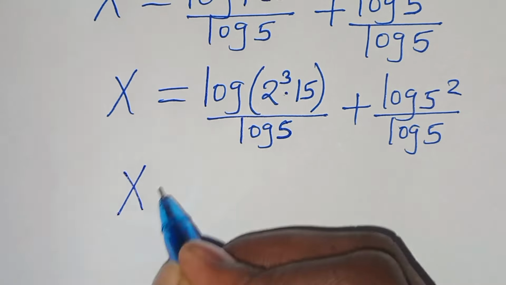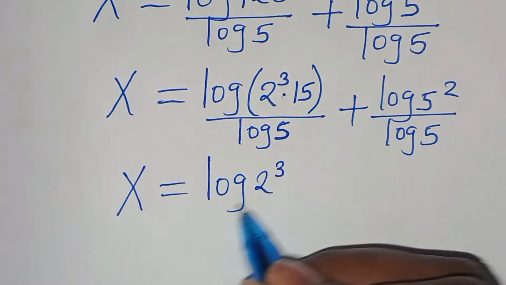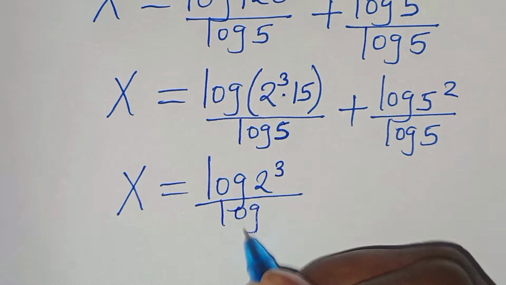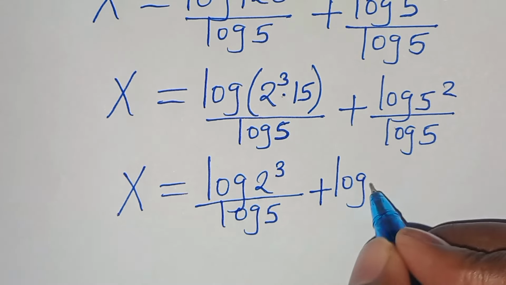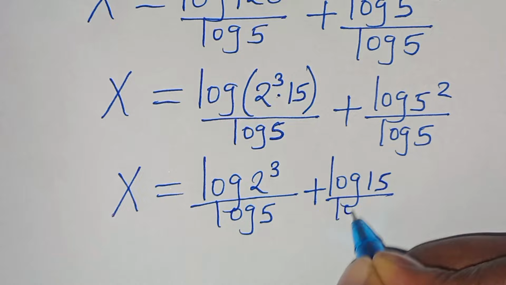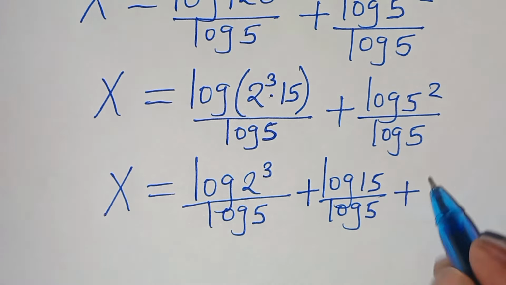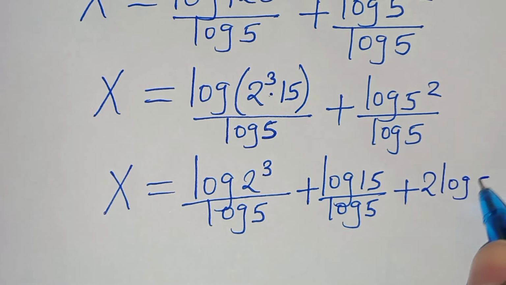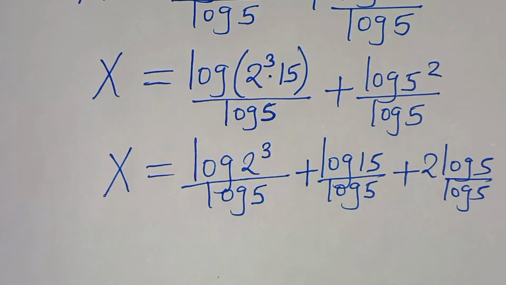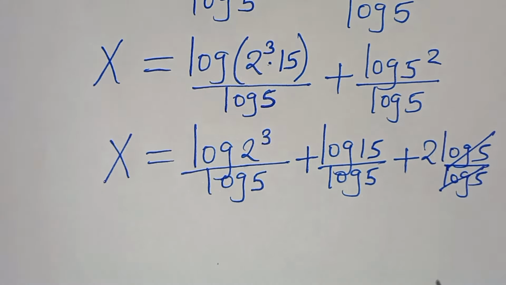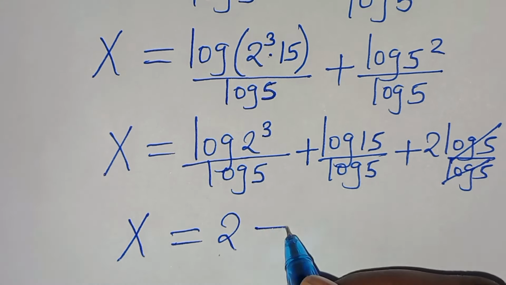So this means that x is equal to log 2 to the power of 3 divided by log 5, then plus log 15 divided by log 5, then plus, we can express log 5 to the power of 2 as 2 log 5 divided by log 5. So here log 5 and log 5 simplify.